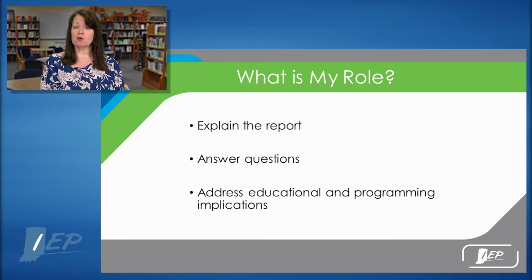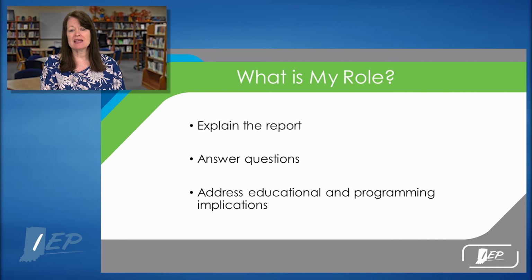So let's think about what that role is. Number one, you're probably going to be the person who is going over the report, explaining the information. You're also going to be talking about answering different questions and linking all of this to the instructional implications. So the information from the report, from the evaluation, now what does it mean?